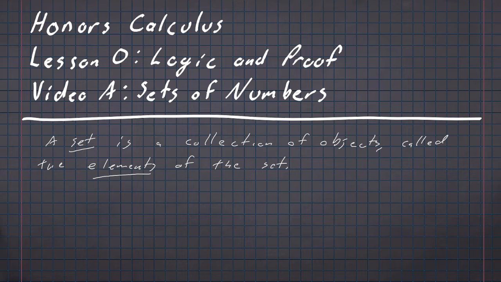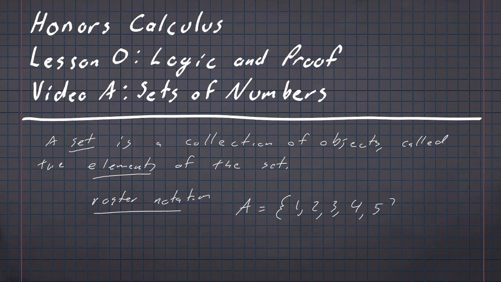And when we are talking about sets, we can build up a set using roster notation. For example, set A might be the set containing the numbers 1, 2, 3, 4, and 5.